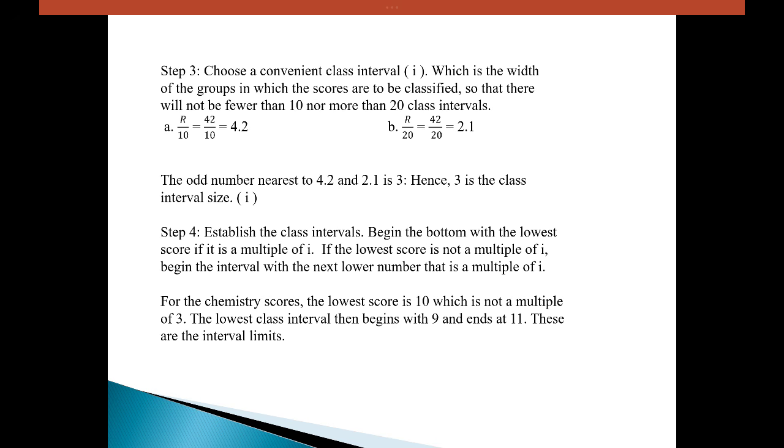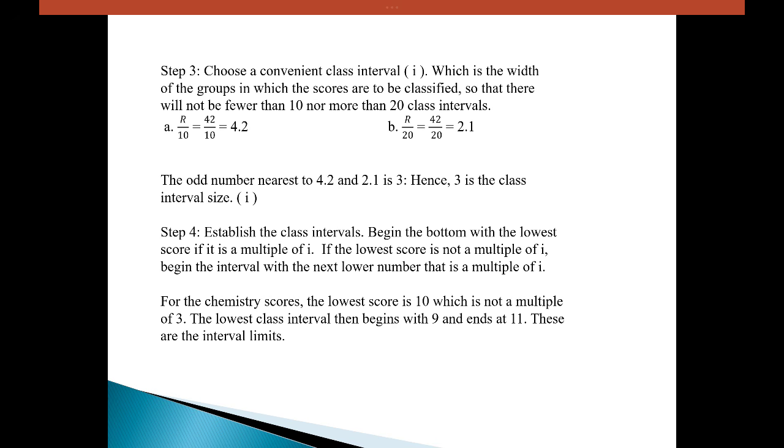Now step number 4, we need to establish the class intervals. We need to begin with the lowest score if it is a multiple of i, or a multiple of 3. What's the lowest score? If you remember, it's 10, right? Is it a multiple of 3? No. So where should we begin?